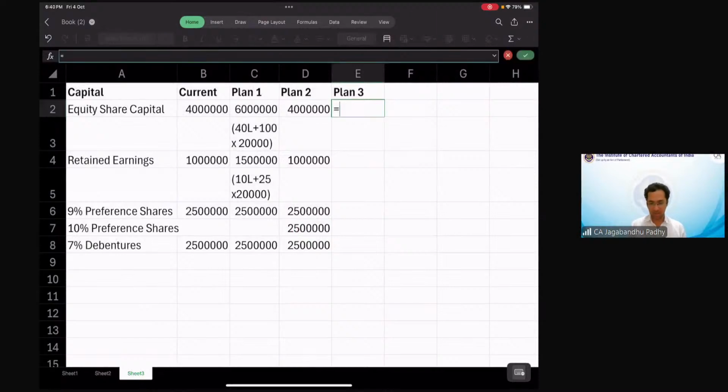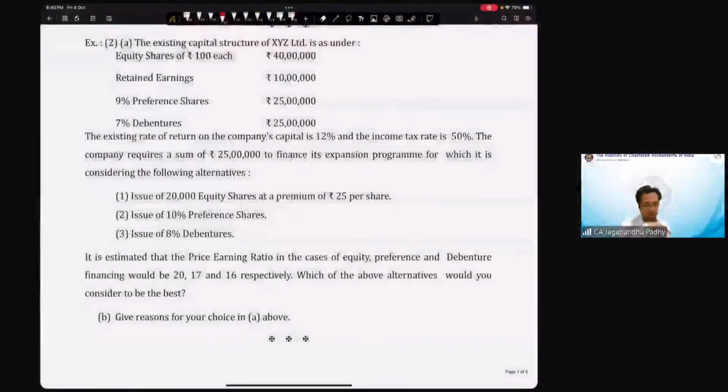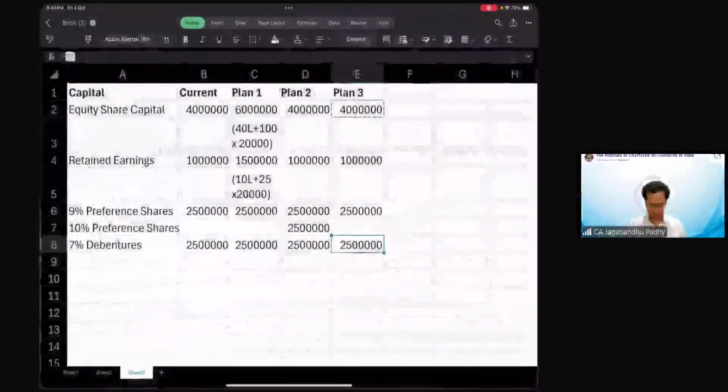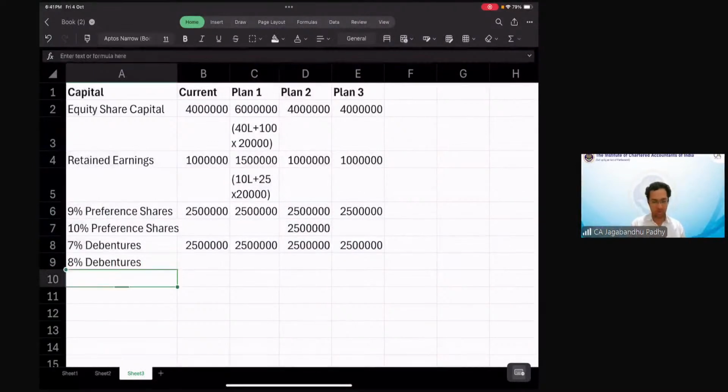And then in plan 3, we have the same amount of equity, retained earnings, preference shares, and debentures, but a new category of debentures will be issued at a cost of 8%.